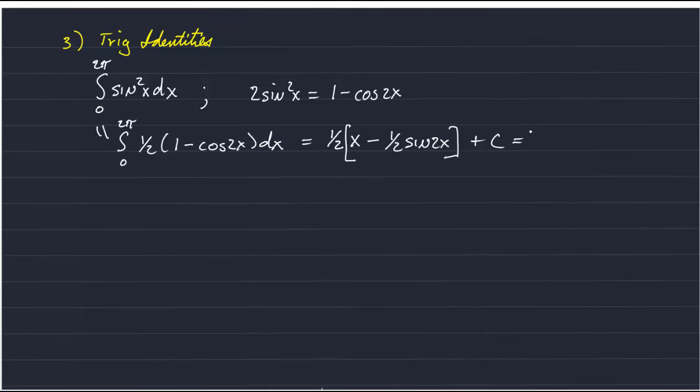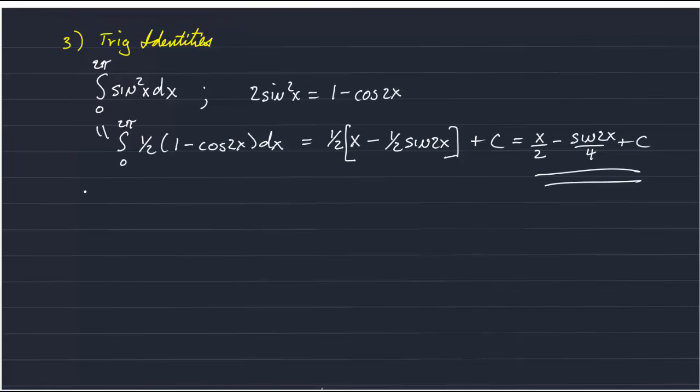And we can go ahead and multiply the 1/2s out, so we get x over 2 minus sine 2x over 4 plus our constant. Okay, so that was an example of doing a trigonometric substitution to make the integrand something simpler to solve.